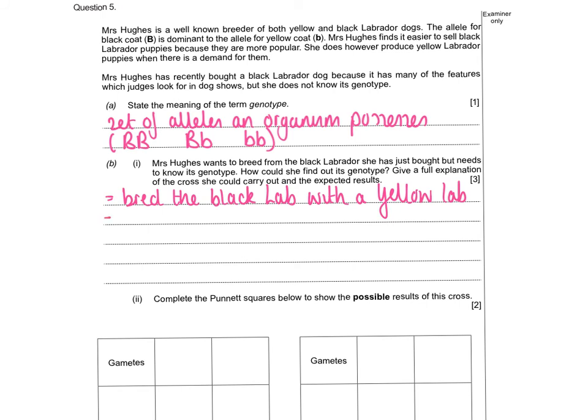And then if the offspring were all black, the lab would be big B, big B. So if they mated them together and the black lab and the yellow lab only had black puppies, we would know the black lab is homozygous dominant because he's passed on a dominant gene to all of the offspring. That's why they're all black.